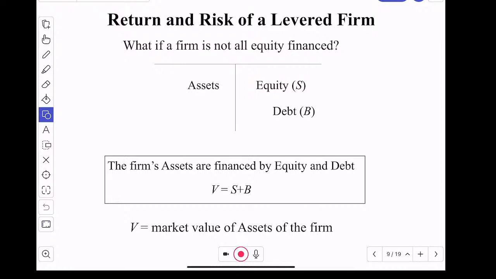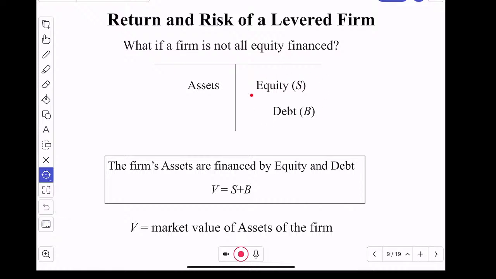So the assets of the firm should be balanced by, should equal, both the equity and debt of the firm.